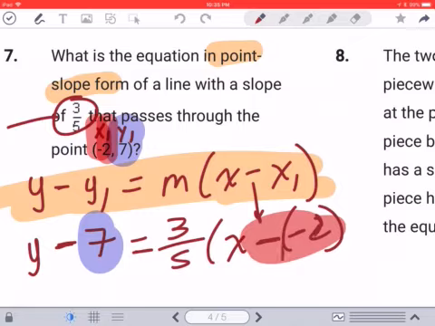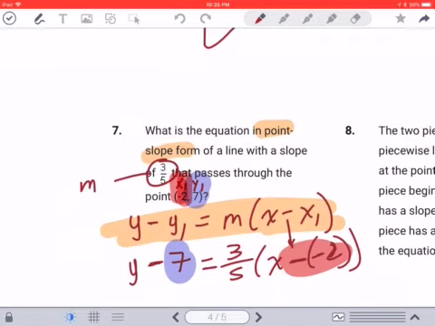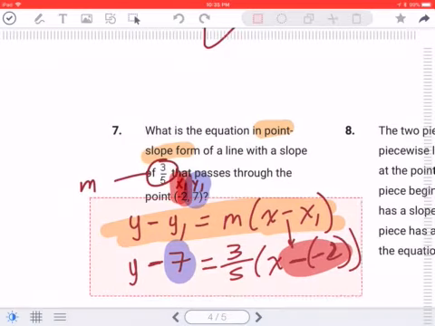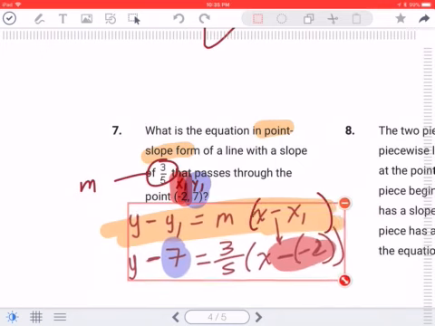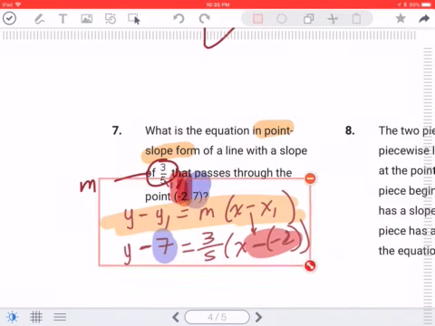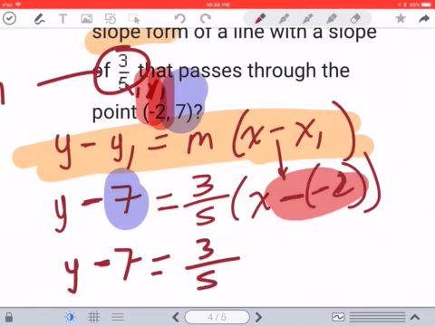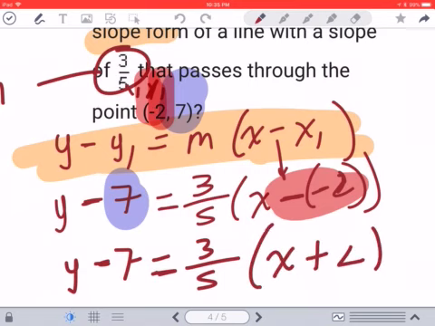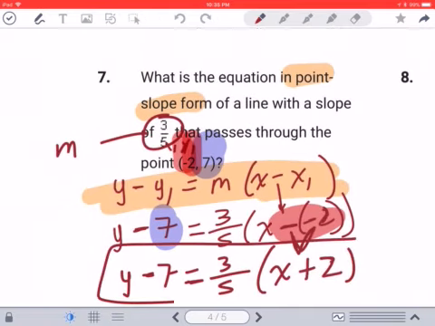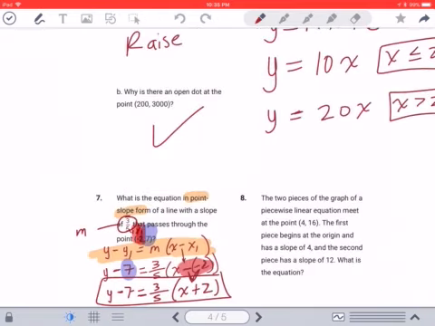Well, in addition, it's a -2. And it looks like that. If I want to rewrite this, let me shrink this up. I could just take care of this double negative at the back here. This is 3/5 times x plus 2. I could just change this minus a negative 2 to plus 2. Okay, so that would be in point slope form.